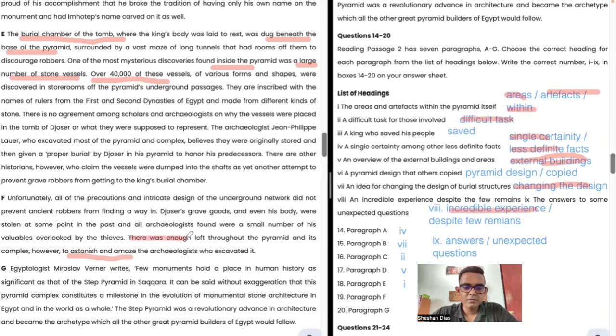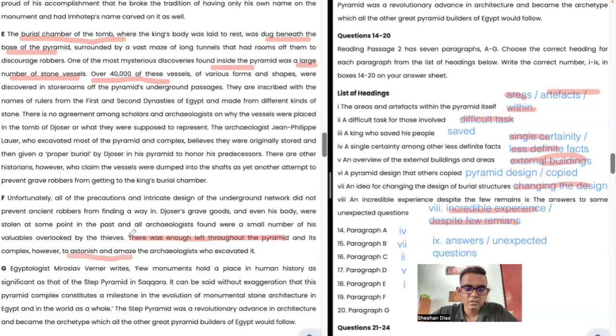And there was enough left throughout the pyramid, despite the few remains, right? Despite the few remains, it was an incredible experience. There was enough left, right? There were few things remaining, but it was enough to make the historians feel astonished and amazed.